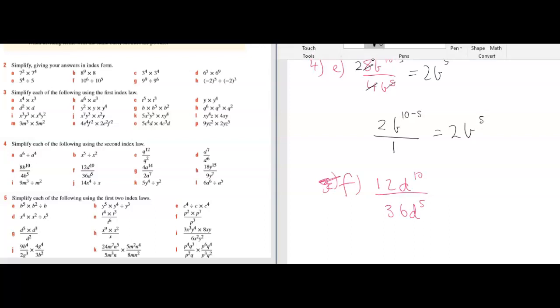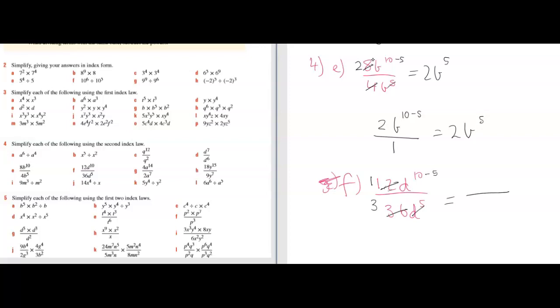All right, so the 12 over 36, you think of the highest common factor, which is 12. So 12 over 36 actually simplifies to 1/3, okay, because 12 goes into 12 once and 12 goes into 36 3 times. And then for your d, this d to the power of 5 is going to make that d to the power of 10 minus 5.